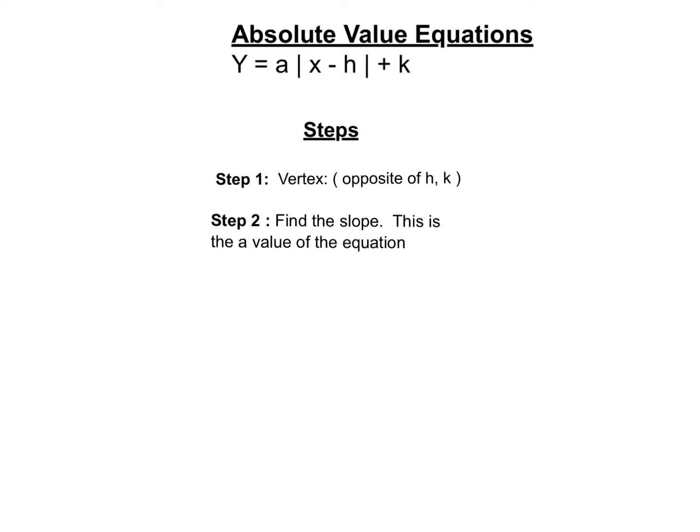So the next step is to find the slope of this equation. Now again, this thing has a slope, and if you remember, slope basically tells you how the line moves. Your slope is always the a value. Okay, so this is our a value. Pretty easy.